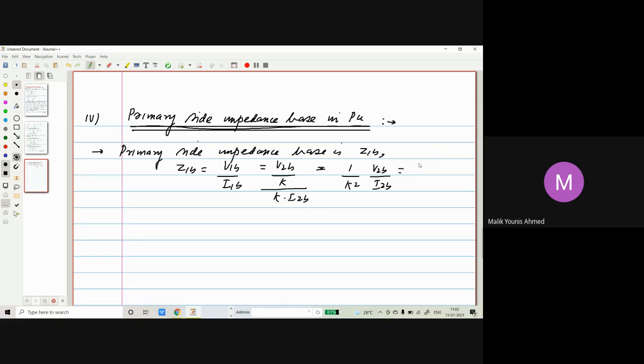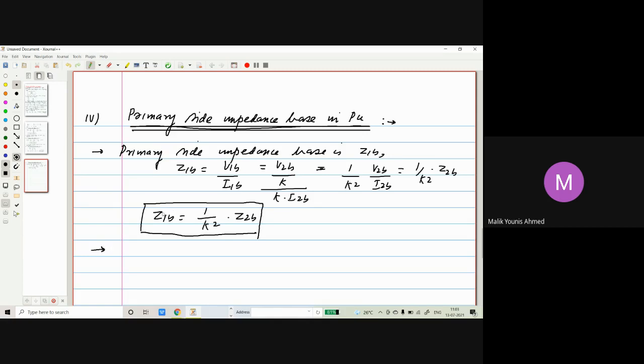So, 1 by K square of Z2B. That means the impedance base on the primary side is the same as on the secondary side, but it differs by a factor of 1 by K square, whatever the value of K. If it is 1:1, then it is the same. If the ratio differs, then the value will be a bit different.